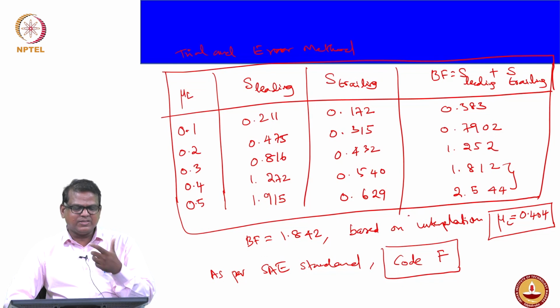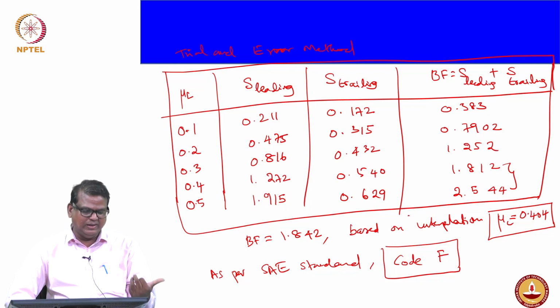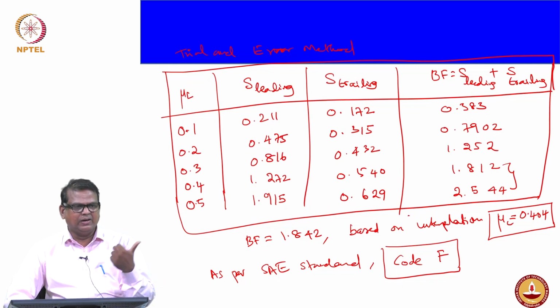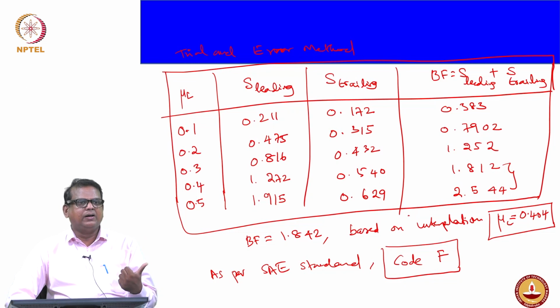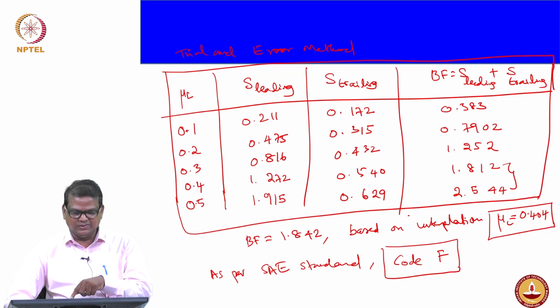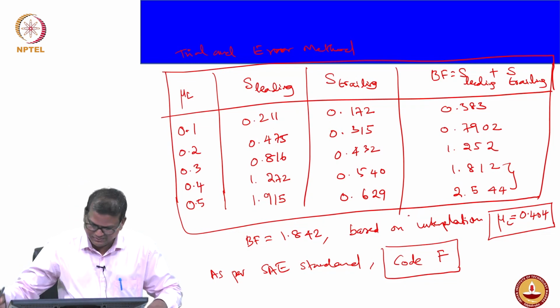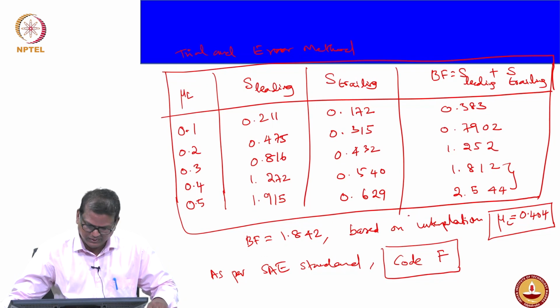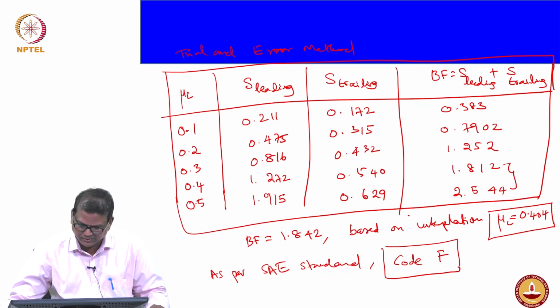Whereas as you move on to the drum brake, with leading and trailing, or servo, duo servo or S-cam, these things will keep changing. Okay. So by doing the trial and error method, finally you can expect your friction lining based on the SAE standard code F.